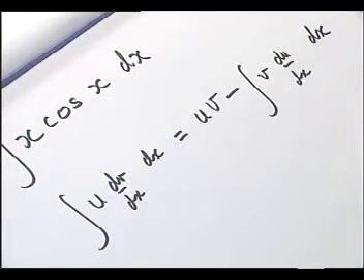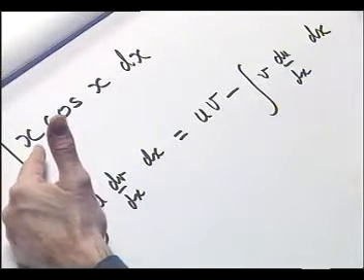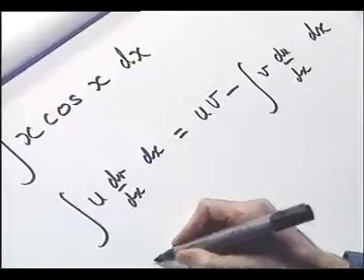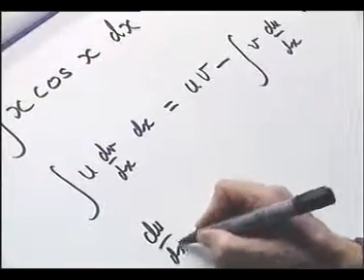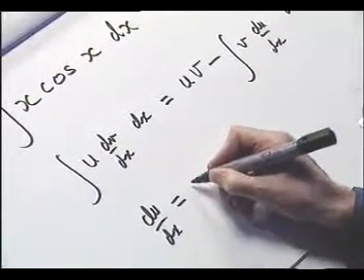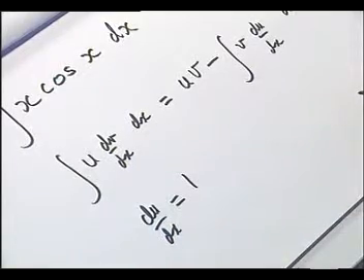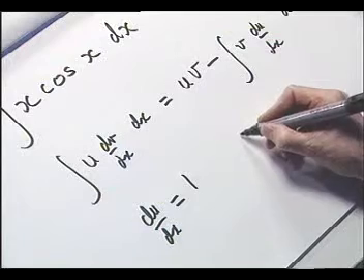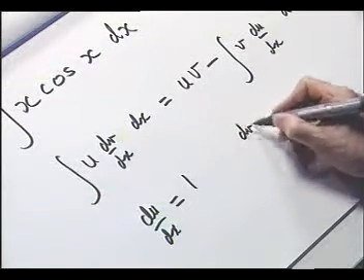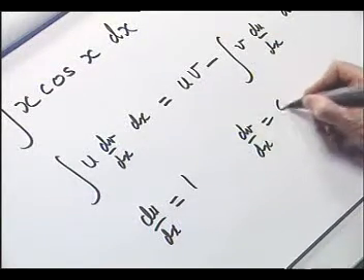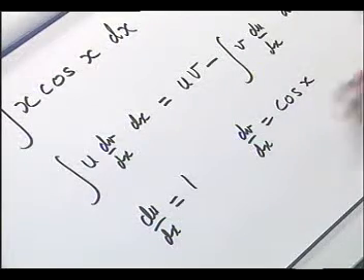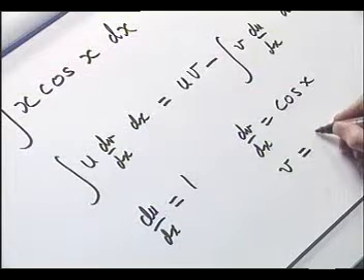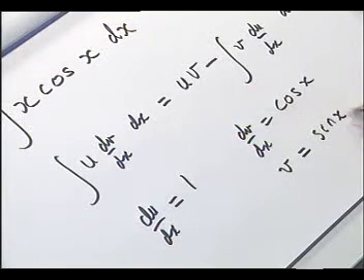Let's change our choice round and let's take u to be x. du/dx is just 1. Let's take cos x to be dv/dx. So dv/dx is equal to cos x. And if we integrate that, v is equal to sine x.